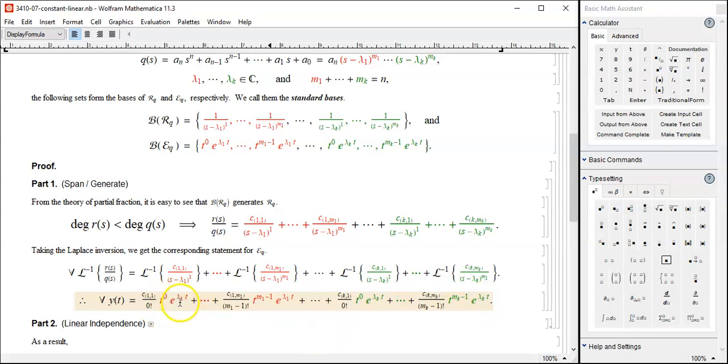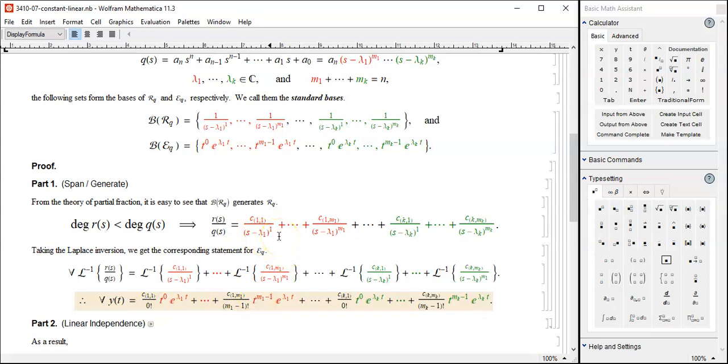T to the 0 power, e to the lambda 1 t, and t to the first power, e to the lambda 1 t, t to the second power, e to the lambda 1 t, and so on, all the way over to t to the m minus 1, e to the lambda 1 t. And please recognize the denominators here. We have these factorials.